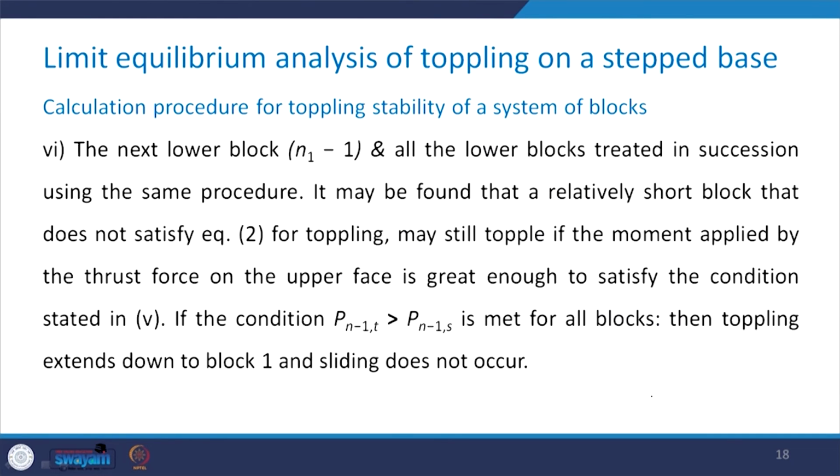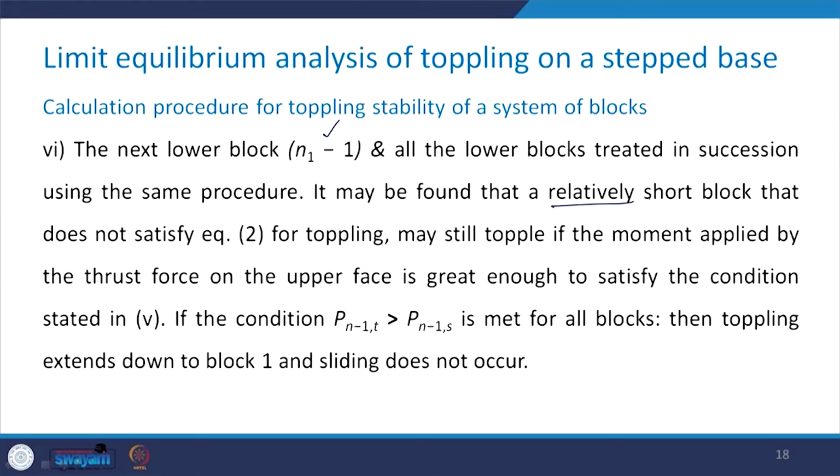Now, the next lower block, which is N1 minus 1, and all the lower blocks will be treated in succession using the same procedure. So, first you take the first block which was N1, then you go to N1 minus 1, and then you try to get the Pn minus 1 value for the block N1 minus 2, and so on.